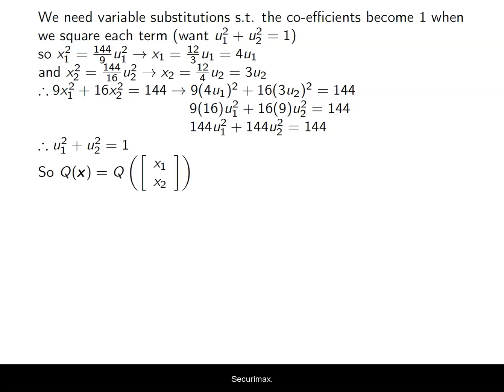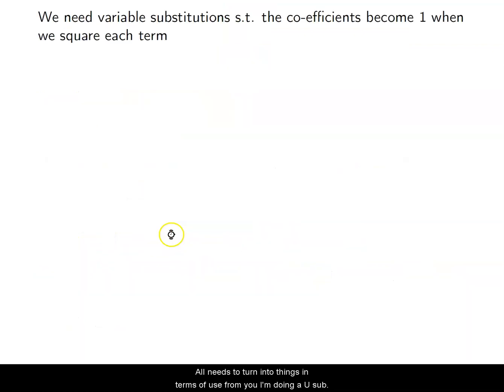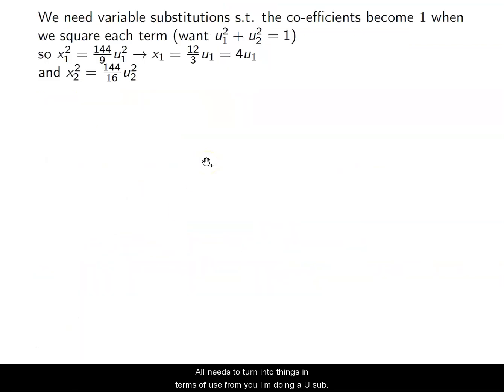Okay, so q of x, which is q of an input of x1, x2, now gets replaced with 4u1, 3u2, because that is what x1 and x2 is. I need to substitute in my new variables. So all of this stuff that I have here in terms of x, it all needs to turn into things in terms of u's, because I'm doing a u sub, right?